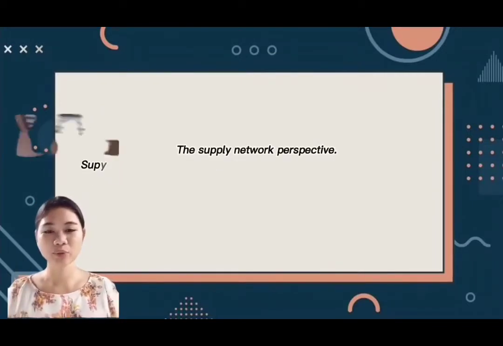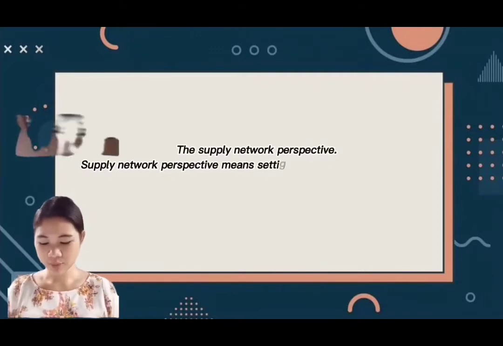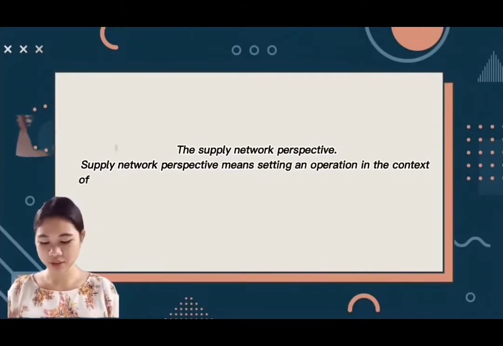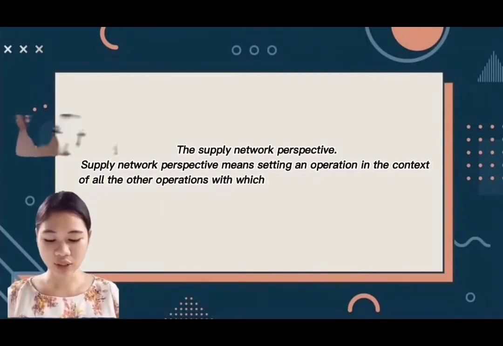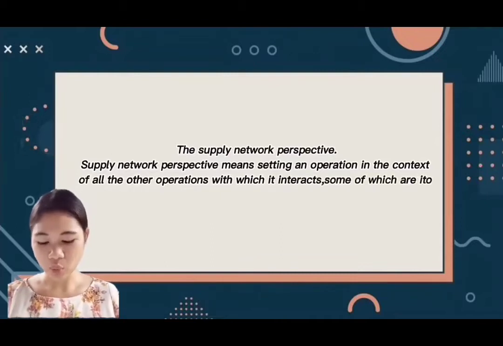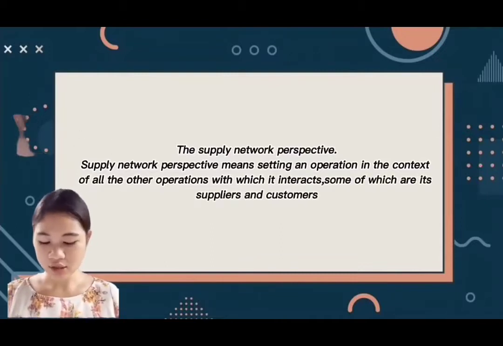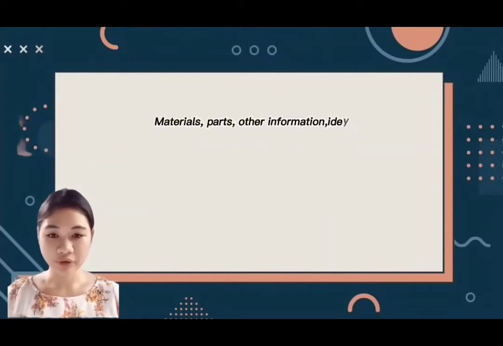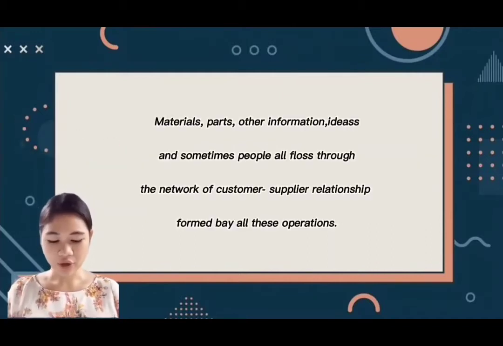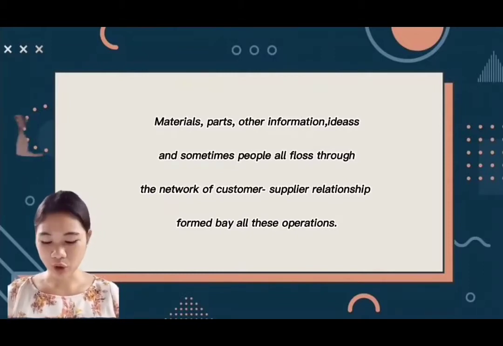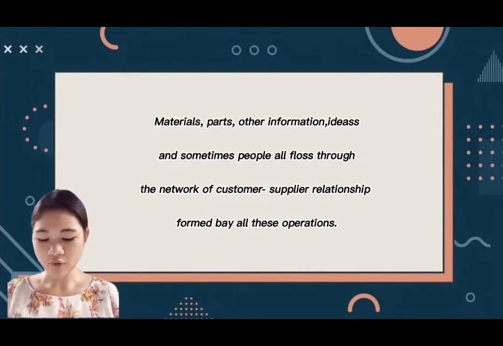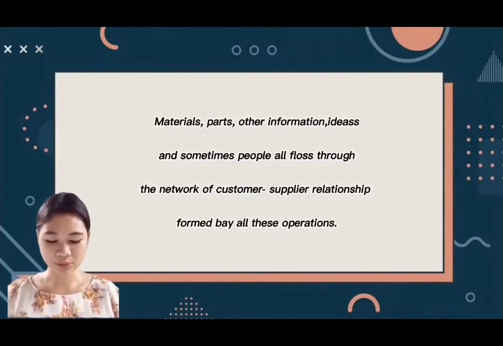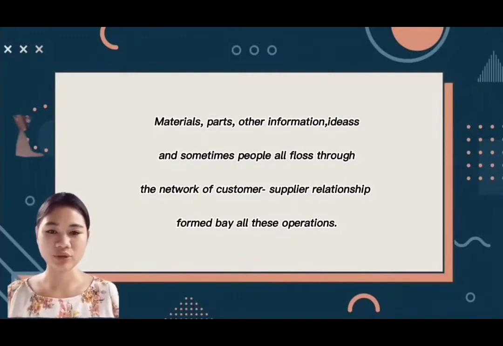The supply network perspective. Supply network perspective means setting an operation in the context of all the other operations with which it interacts, some of which are its suppliers and its customers. Materials, parts, other information, ideas, and sometimes people all flow through the network of customer-supplier relationships formed by all these operations.